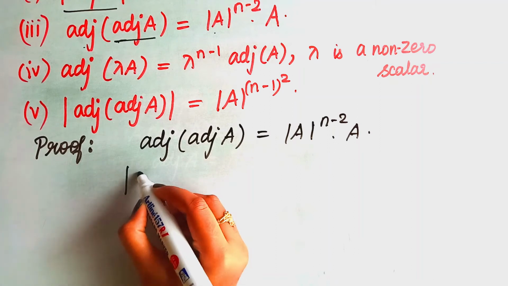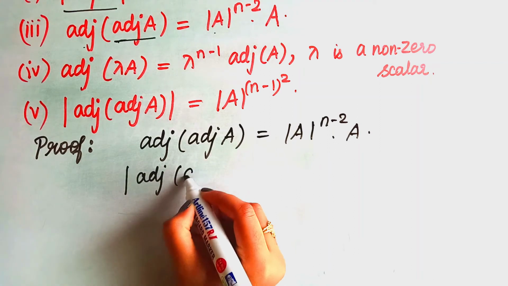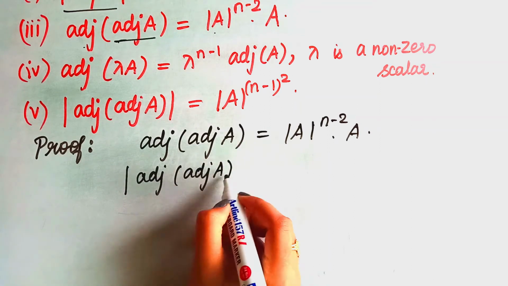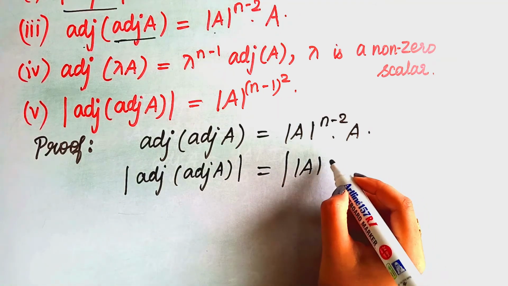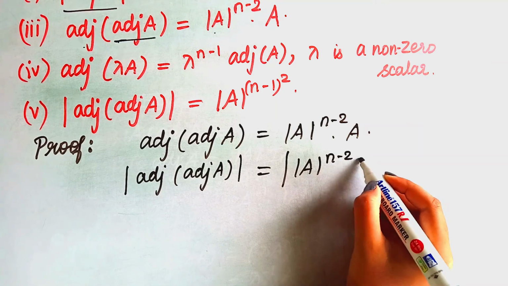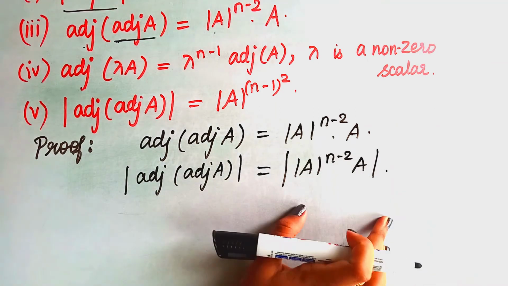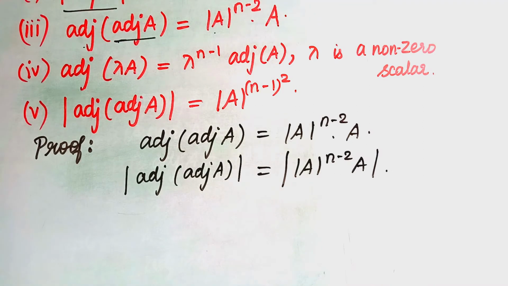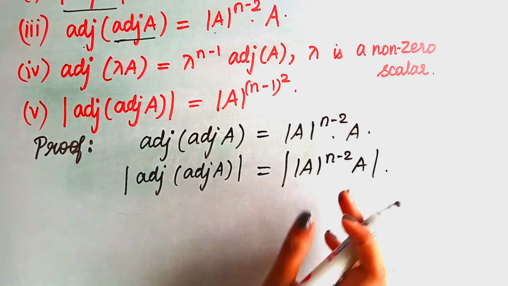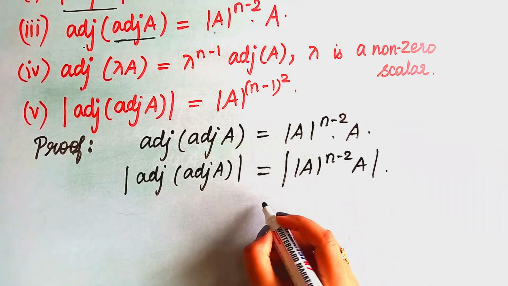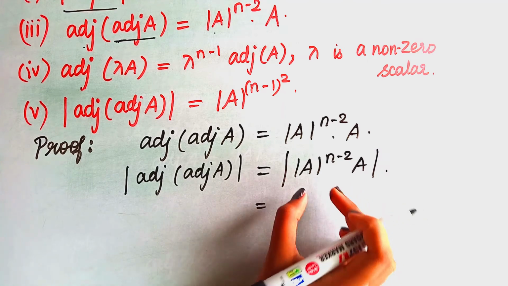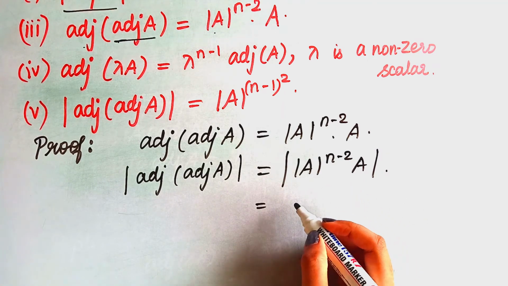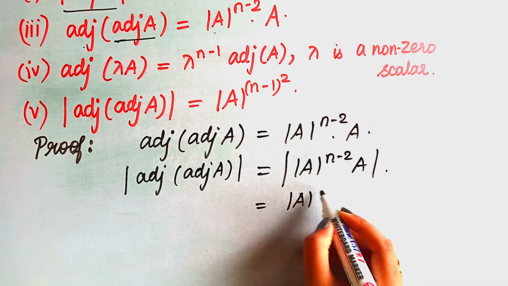So that you'll get determinant of adjoint A is equal to determinant of n minus 2 A, right? So we'll get this. And now, as I already said, if a number or a variable is taken outside the determinant, then you will have determinant of n minus 2.